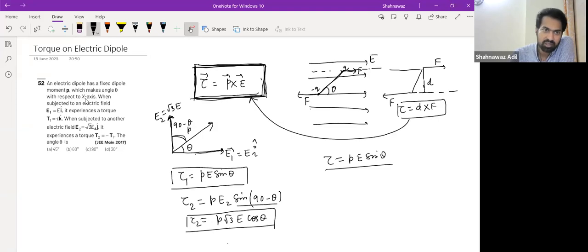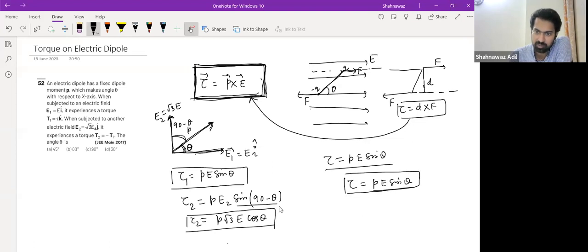So we have this question where a dipole is placed whose dipole moment makes an angle theta with the x-axis. This is the x-axis and it is making an angle theta, right? So we know that torque is PE sine theta, only the magnitude part, and the direction is calculated with the right hand thumb rule, but we are only considering the magnitude.